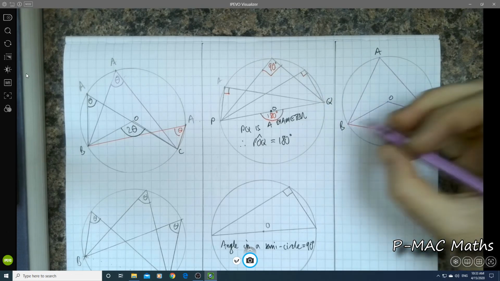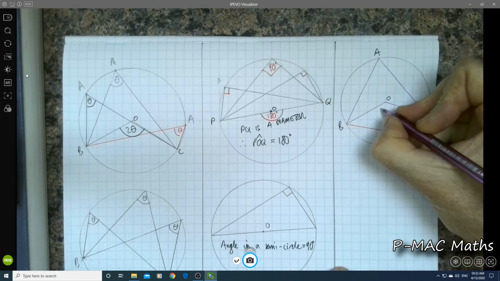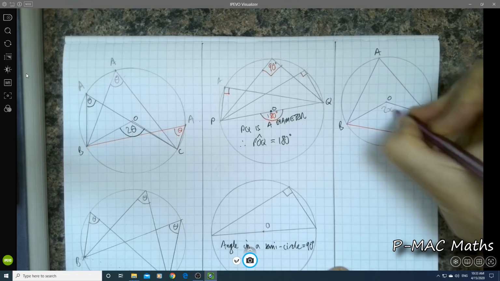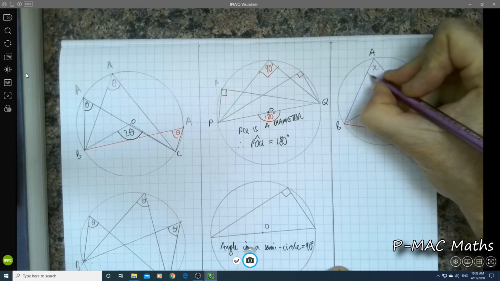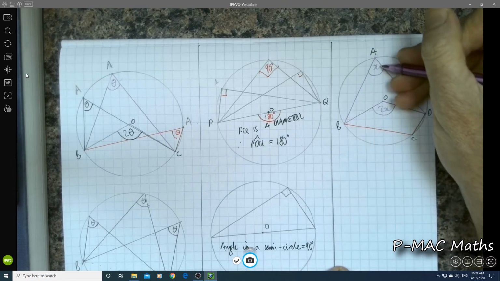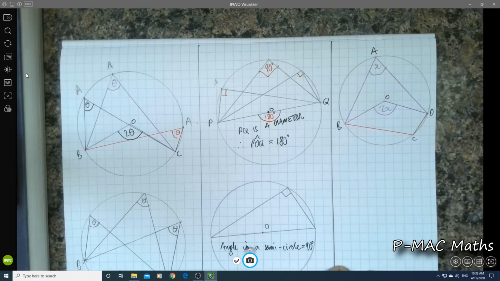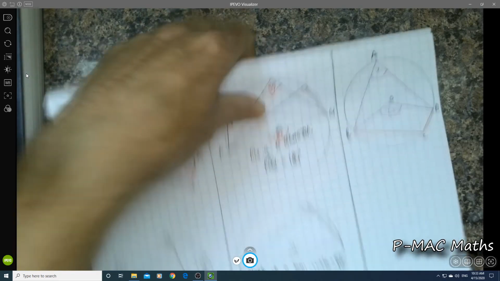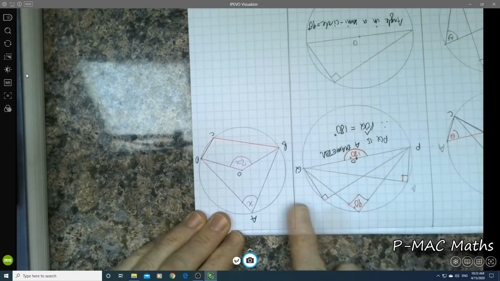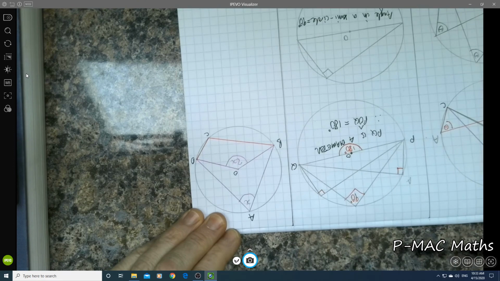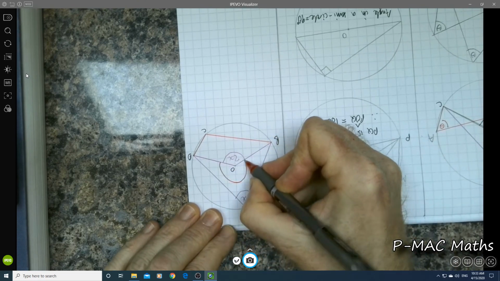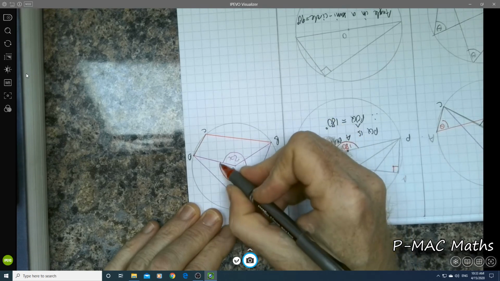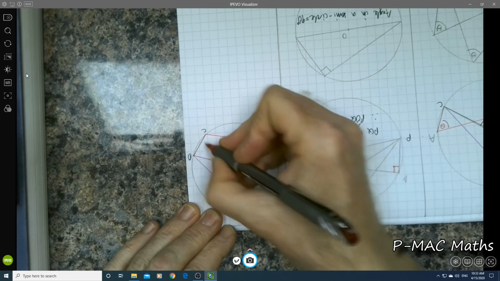And what we have is that if I call this angle here 2x, then this angle is x, using our rule that the angle at the circumference is half as big as the one in the middle. And then I want you to view the diagram this way round. And this time, thinking about the angle in the centre being that bit there, this angle will be twice as big as this angle here.